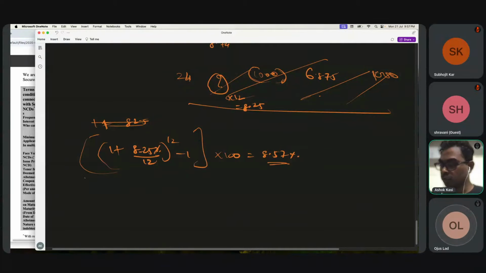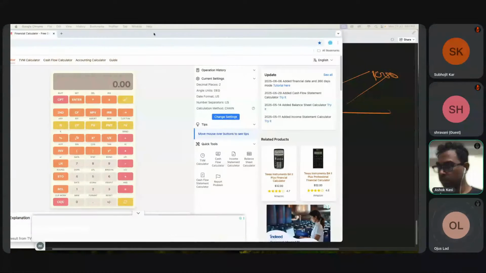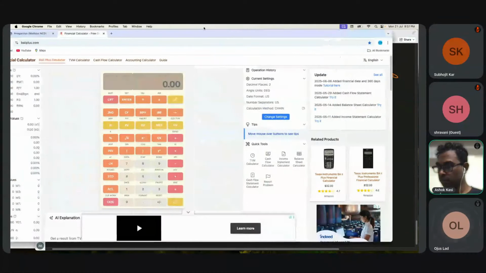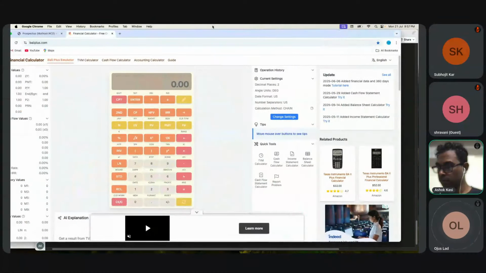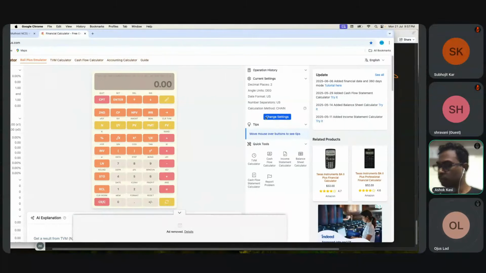You can even use this in the calculator also. I'll tell you how to do it.